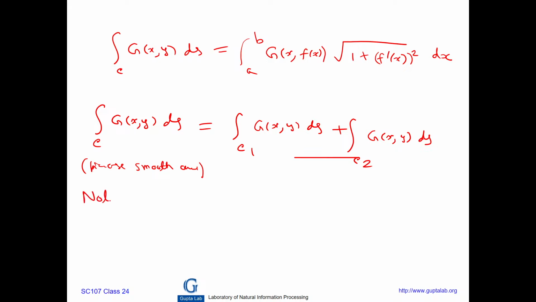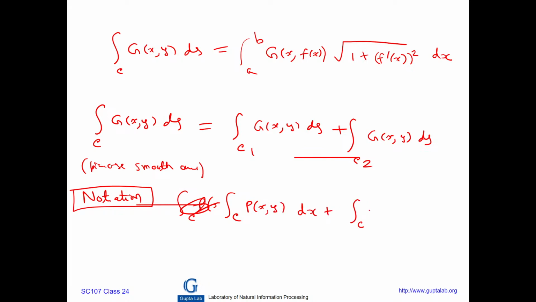Okay, now some notations, and these are quite useful notations actually. If we have integration along C of P(x,y) dx plus integration along C of Q(x,y) dy, where P and Q are two-variable functions, and I am computing this line integral along x of P(x,y) and along y of Q(x,y), I can write it in a shorthand notation.